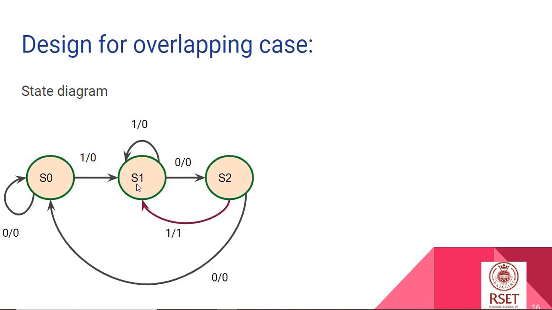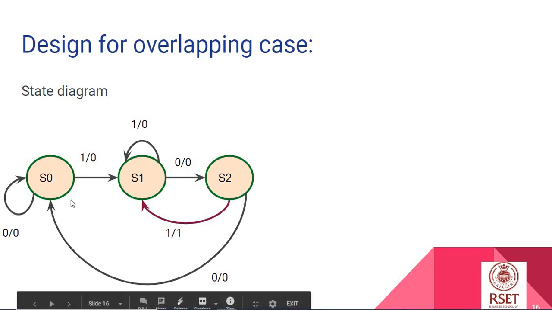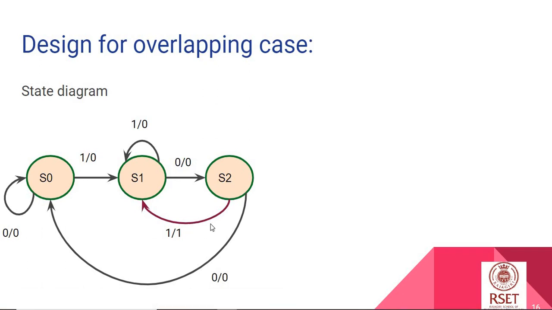Which means that again it is 1, 0, 1 and you can detect the sequence as 1. While when you are having 1, 0 and again you get 0, it goes back to the starting state. So this is the difference we have for an overlapping case.